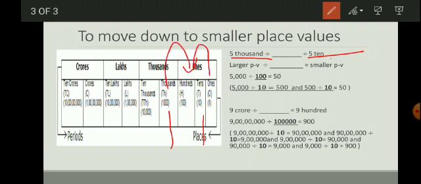So 5,000 divided by, yes, this is rule 2. Divided by how many times are you moving towards the tens place? 1 and 2. See the last step, it is there in the brackets. 5,000 divided by 10, that means once you moved, is equal to 500. But you have to get 5 tens, right?